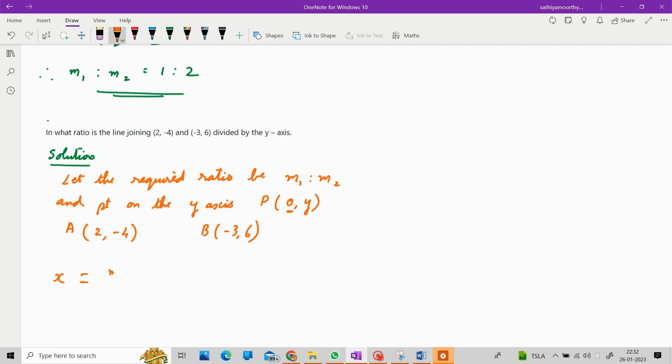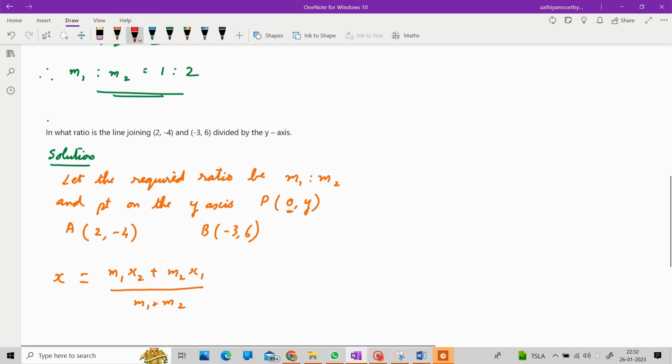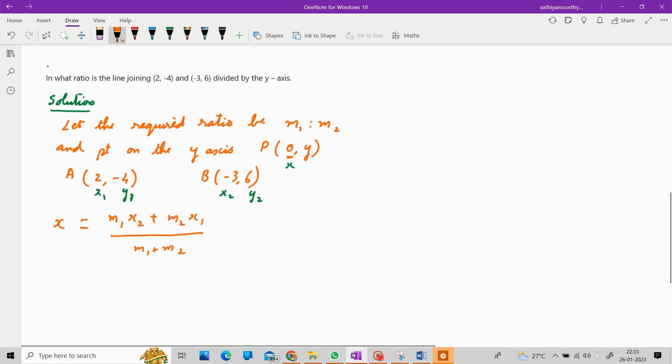X is equal to m1 x2 plus m2 x1 by m1 plus m2. Now let me substitute all the values here in this problem. This is my x1, y1, x2, y2. This is my x value.